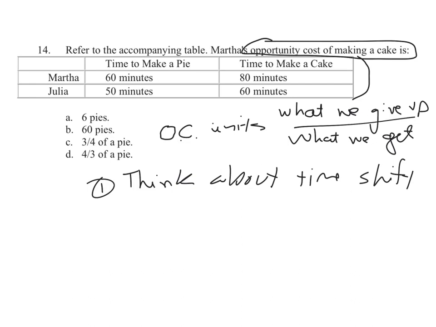So here, in terms of the pies per cake opportunity cost, if we take 1 hour of Martha's time, if we give up one pie and take that time to make a cake, then we've got an hour that we're moving over toward cake.